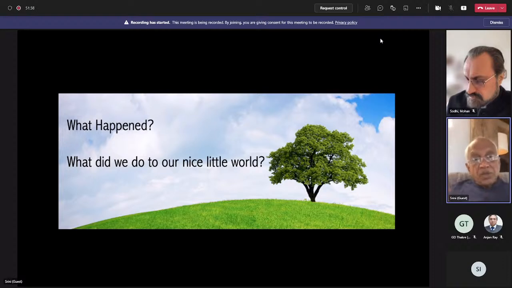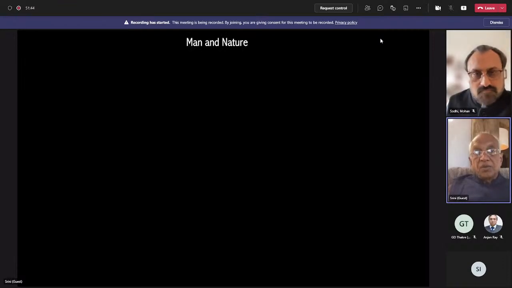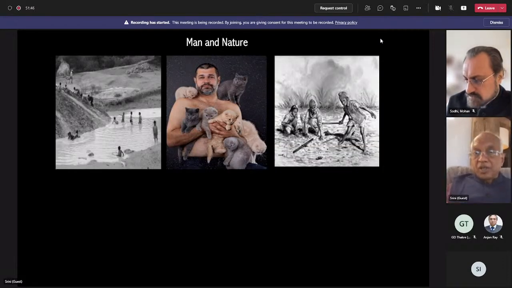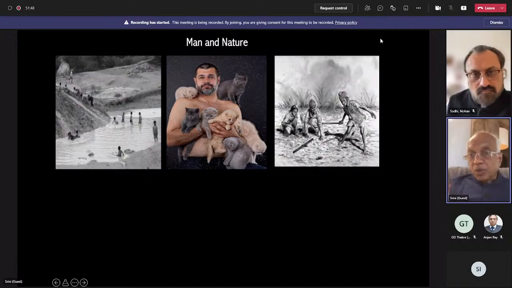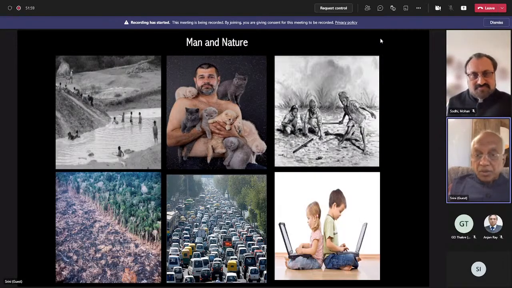So what happened to our environment? It was such a beautiful world. I don't know how many Indians here have played gilli danda or played in the ponds. We were very close to nature, and we were getting this natural resistance. But over the last 20, 30, 40 years, this is what has happened.